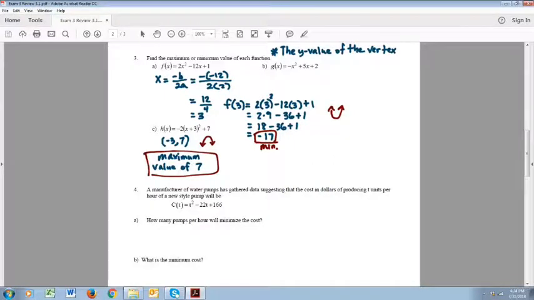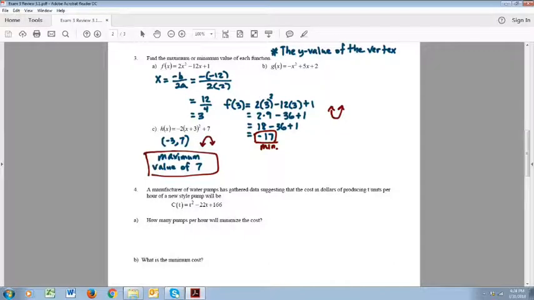On number 4, it says a manufacturer of water pumps has gathered data suggesting the cost in dollars of producing T units per hour of a new style pump will be. So basically these units are water pumps, and C of T is the cost of producing T water pumps.